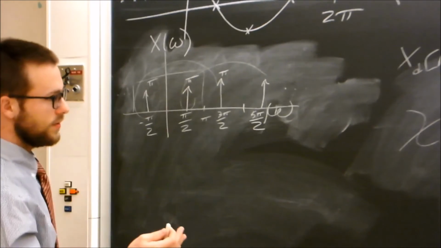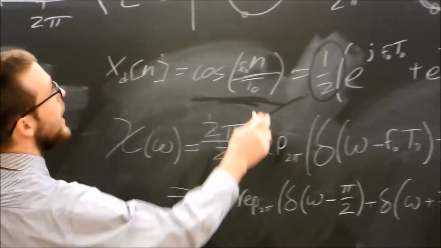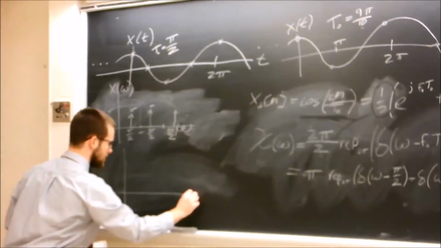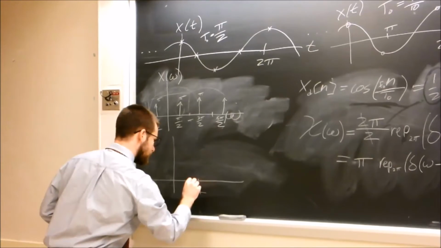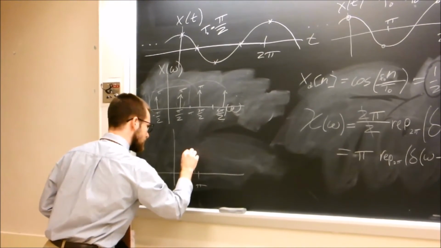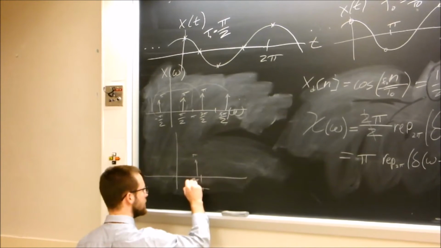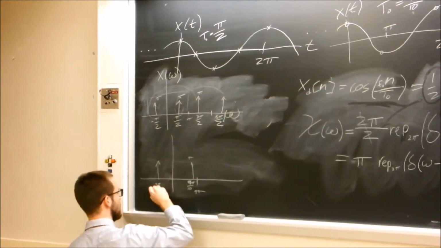Next, if we imagine instead of pi over 2 here, we have 9 pi over 10, as in our second example, I can draw that as well. We're going to have deltas scaled by pi at 9 pi over 10 and minus 9 pi over 10.